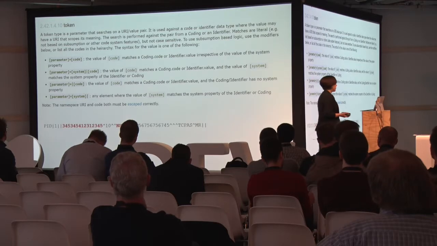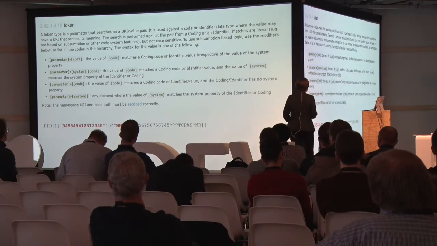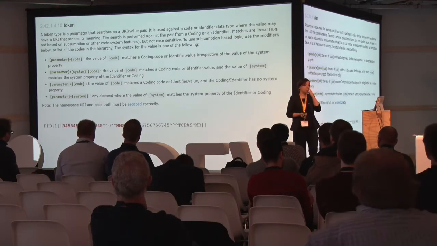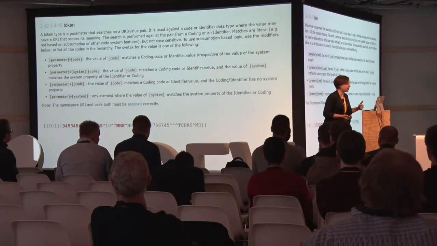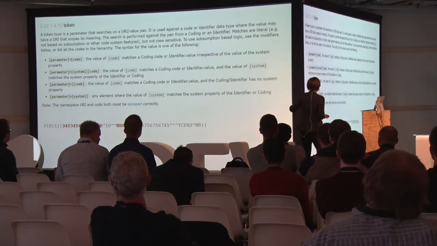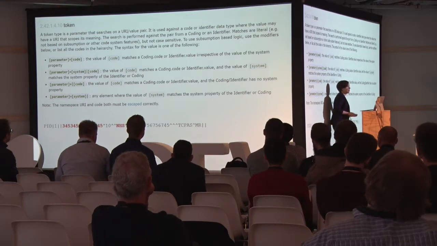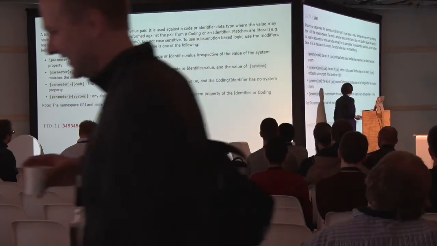So when we look at the V2 message, in this example we have multiple identifiers. For those who are not familiar with V2, this is the repeating sign, the tilde. So we have two identifiers.